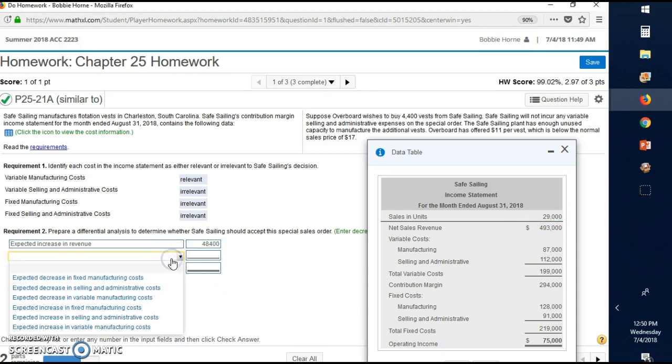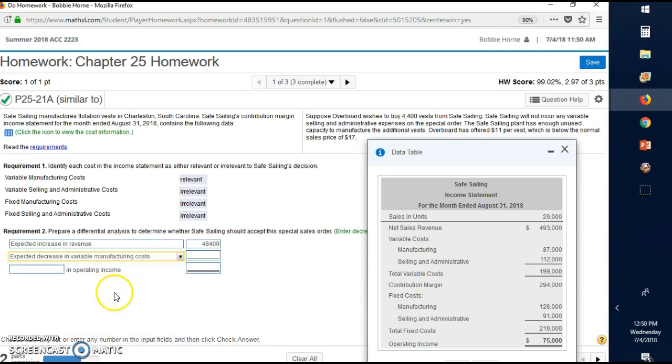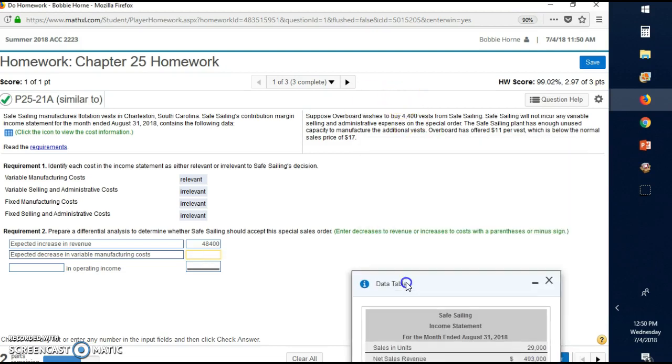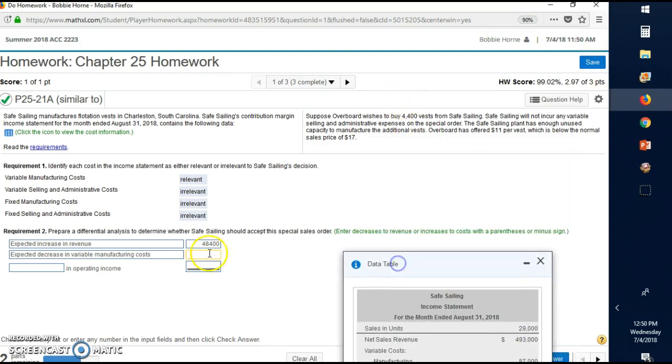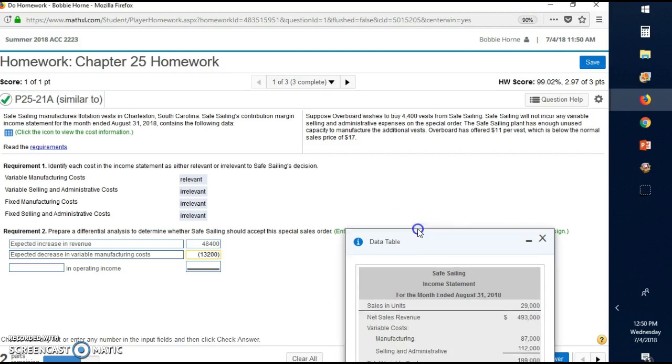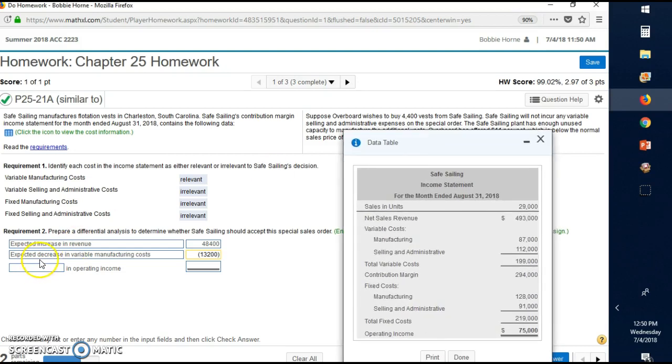So this will be a decrease in our variable manufacturing costs. 3 times 4,400 would be 13,200. So we have to put parentheses around it because this is the cost that we would not have because we would be buying these.